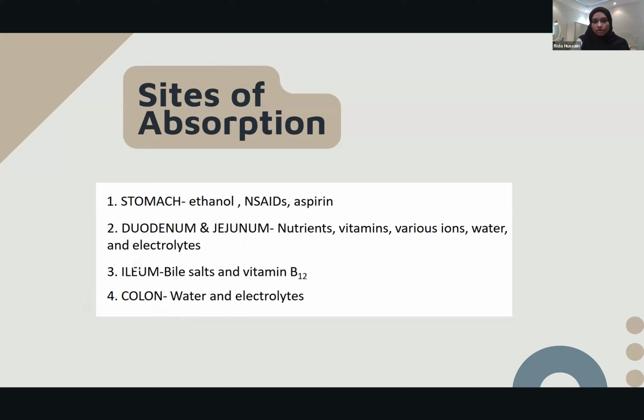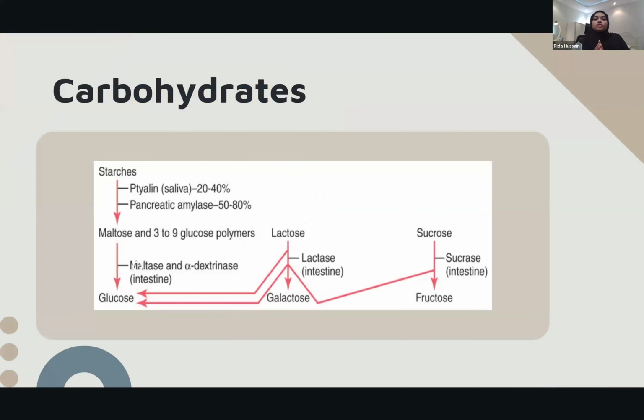Okay, moving on, we will be talking about carbohydrates, how they are digested, and how they are absorbed specifically. So carbohydrates can either start off as starches, lactose, or sucrose from the food that we eat. Let's get into starches first. The digestion of starch starts in the mouth itself, but that is not where the main digestion takes place.